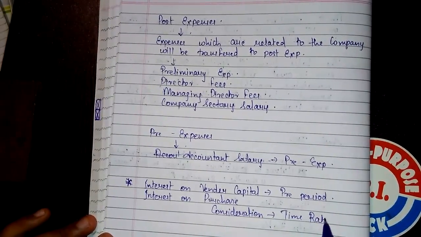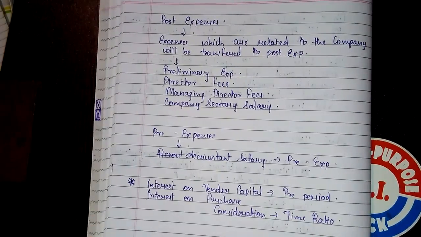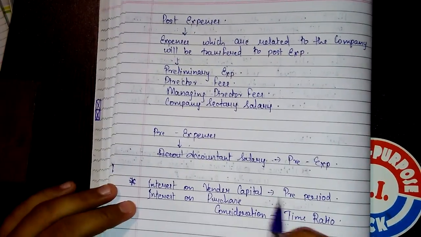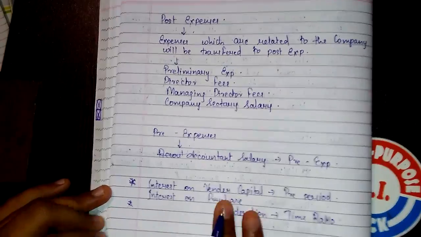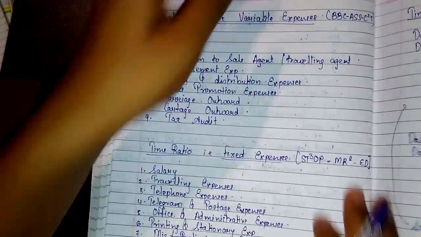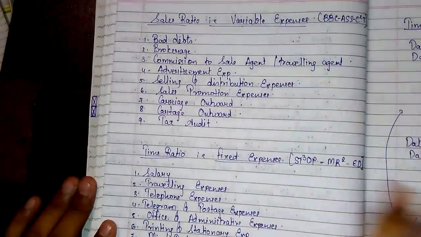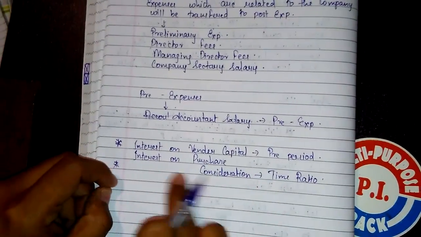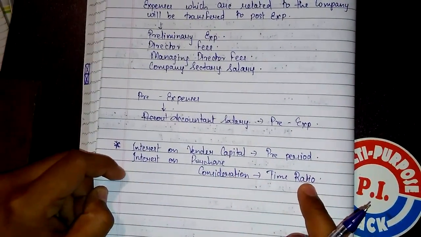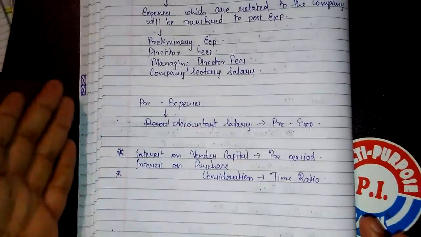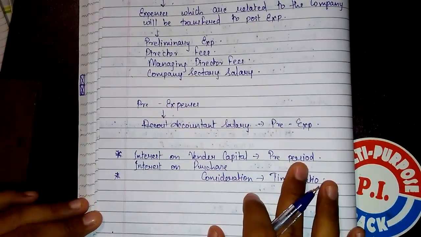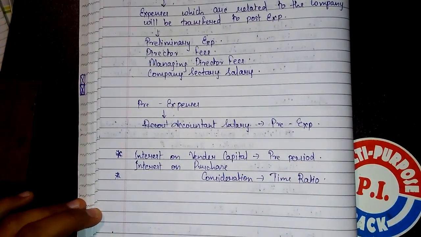It won't go directly to pre or post, it will be divided in the time ratio. This was an important thing which I couldn't include earlier, so I have given it here. So please remember, interest on purchase consideration will be bifurcated in the time ratio, and interest on vendor capital will be bifurcated in the pre period only.